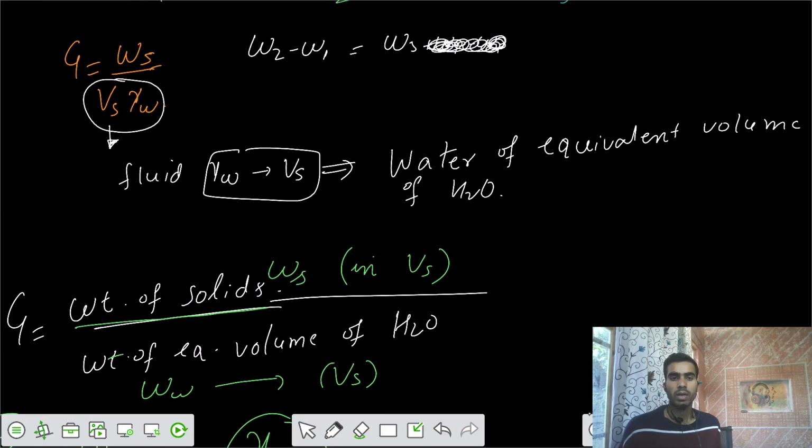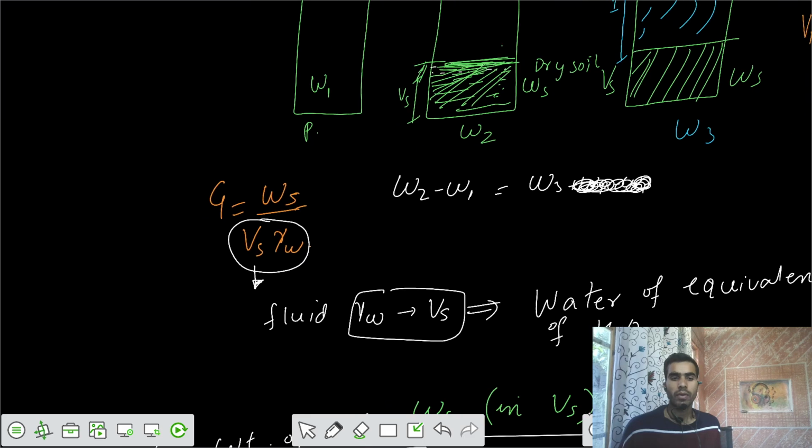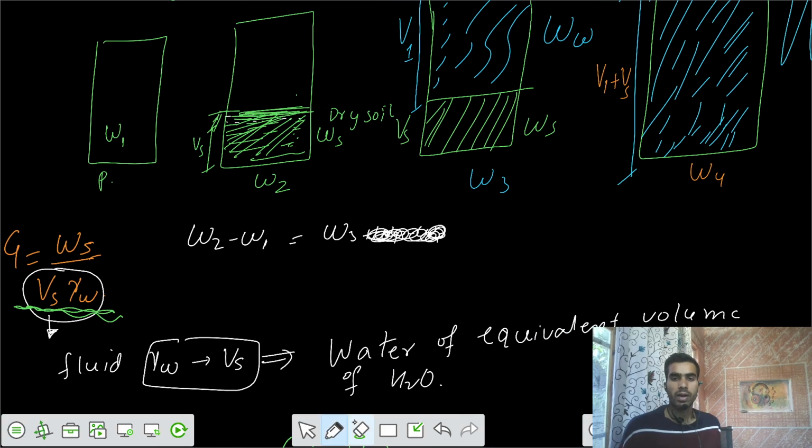And now we need to calculate, how can you get this part? From the diagram we have to see where the volume of Vs is, and that it's only filled with water. We can see that in diagram 4.